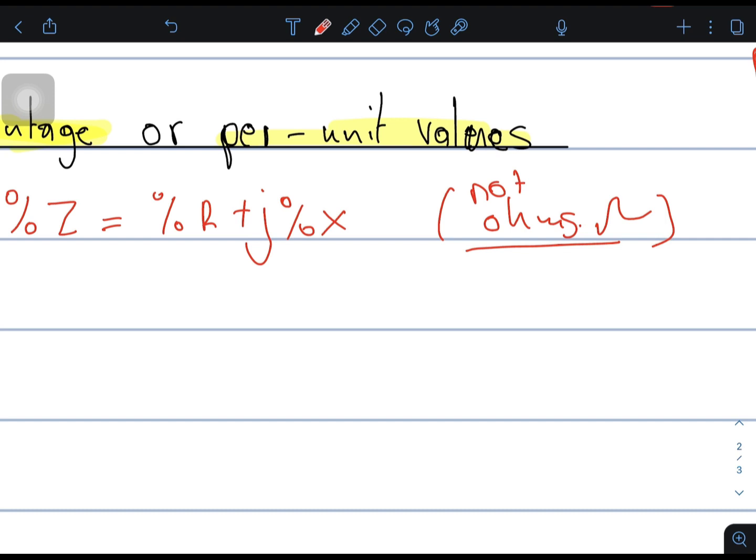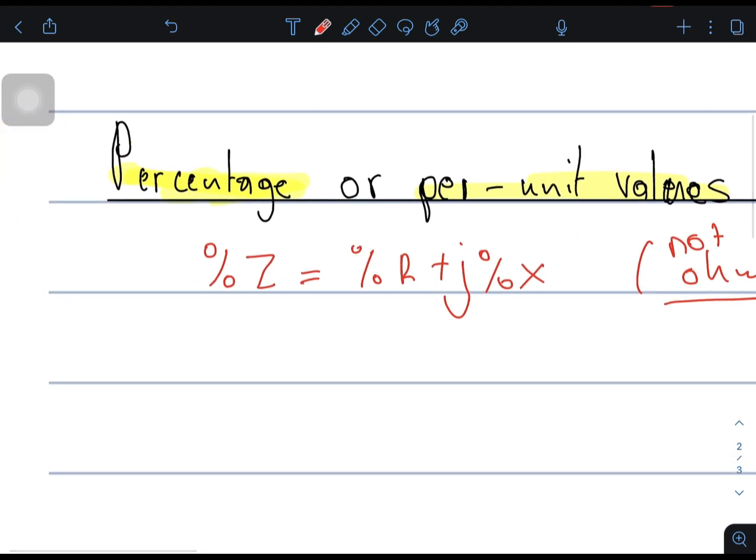Then let me use the blue color. Impedance given in per unit: the PU signifies that this is in per unit value, and the X as well.